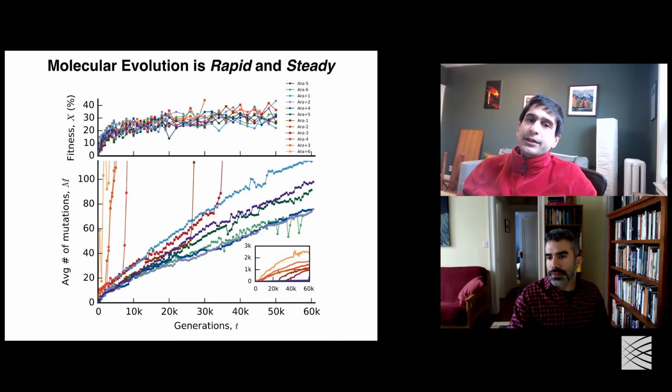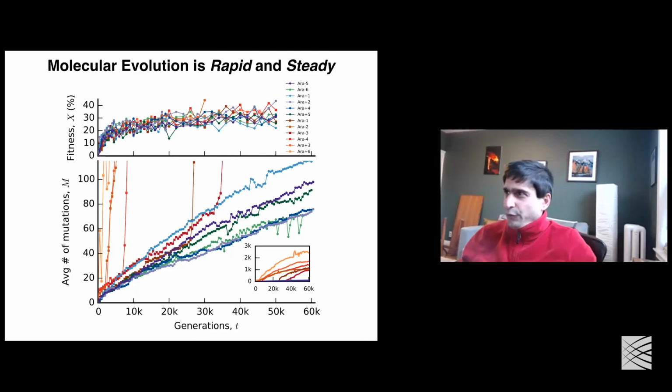So it's in between, but I guess closer to the first. The genome size changes a bit over the evolution, but it's about 4 million base pairs. The per base pair mutation rate is on the order of maybe 10 to the minus 9.5.